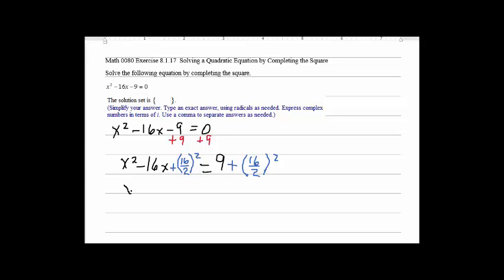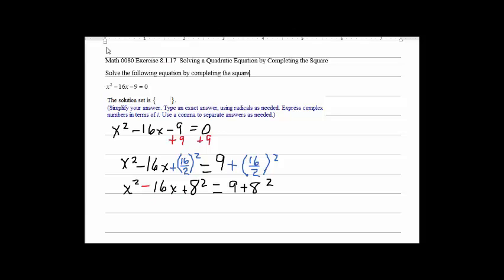So the left side is x squared minus 16x plus the square of 8. The right side is now 9 plus the square of 8. Now, when I do this, what I've done is made the left side a perfect square trinomial.